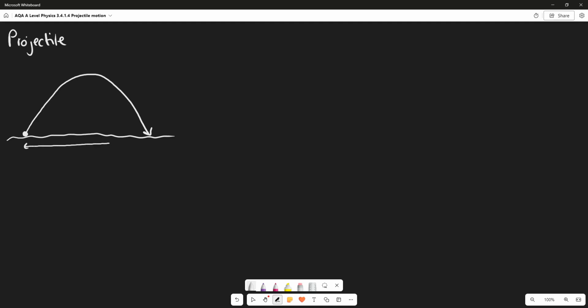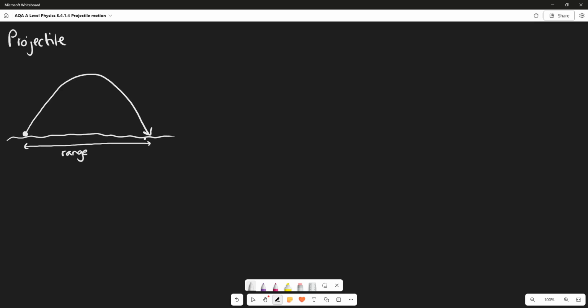Typically in these questions, you're being asked to calculate the range of the projectile, and that range is dependent upon how much time the projectile spends in the air. Because the only thing that is going to stop this horizontal movement is the fact that the ball has hit the ground. It's no longer able to travel horizontally because it has collided with the ground, it's landed.